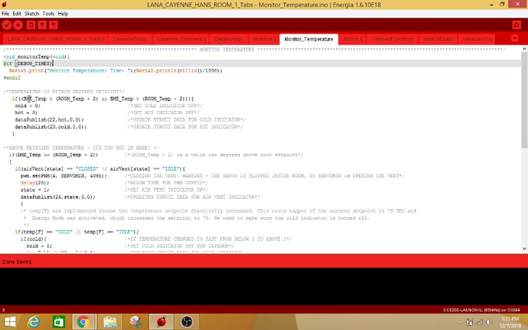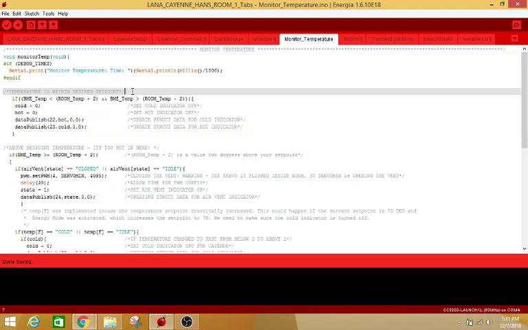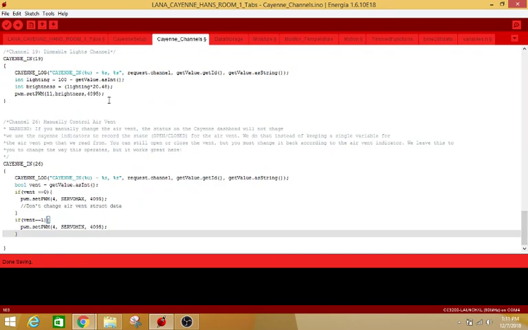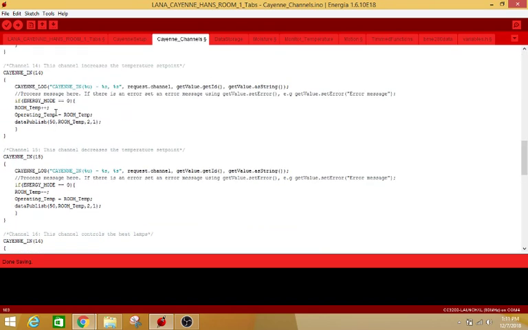It's pretty useful. Okay, so the first thing is we see whether the temperature is within the desired set point. So, okay, room temp. Keep this in mind. Room temp is the temperature we want it to be next to. So in our Cayenne function for room temp, we are constantly updating this variable, and it's a global variable.